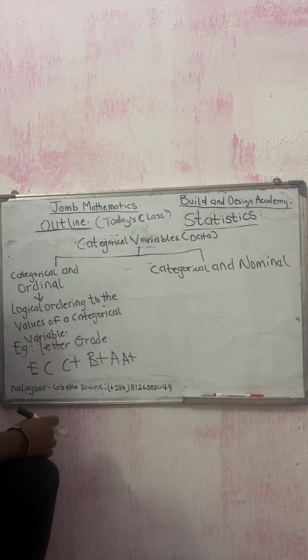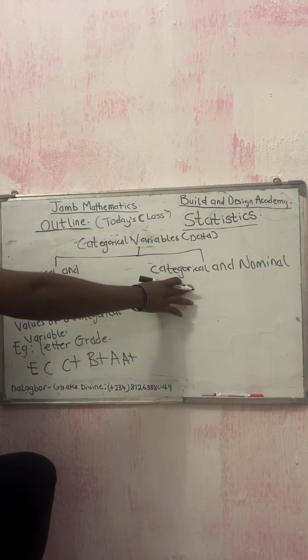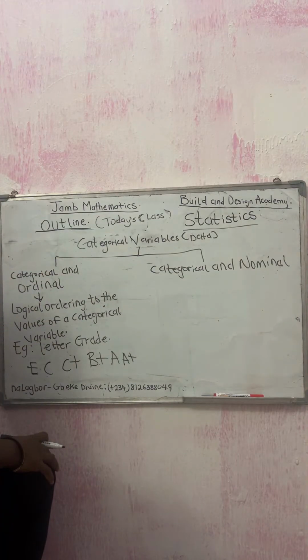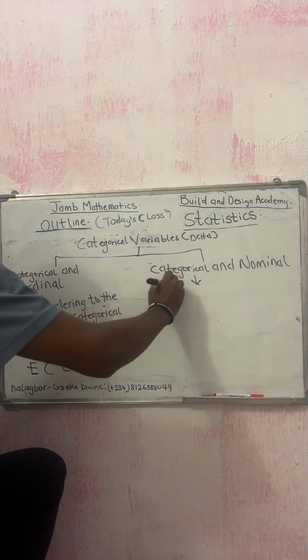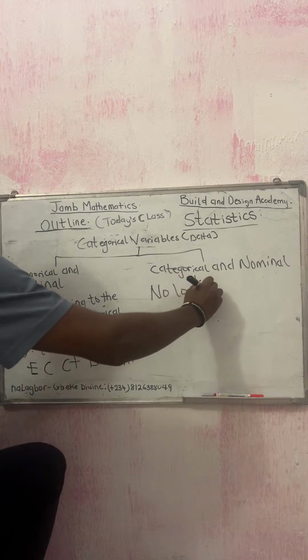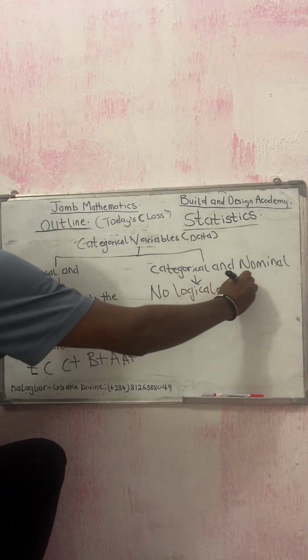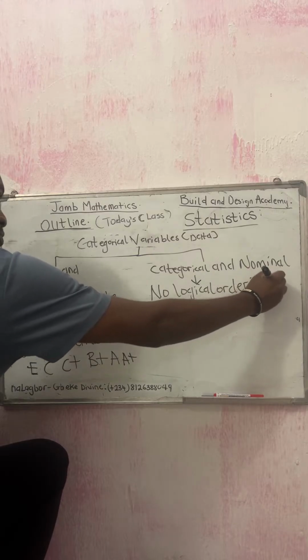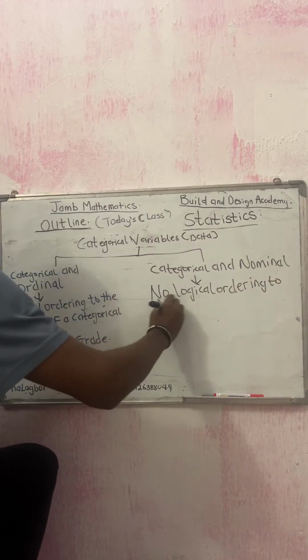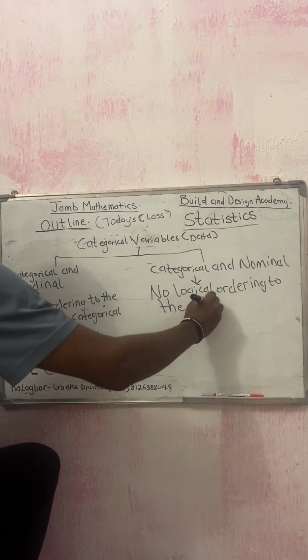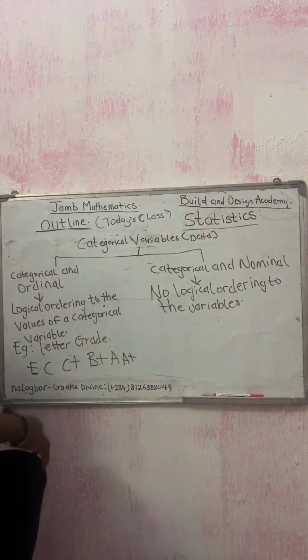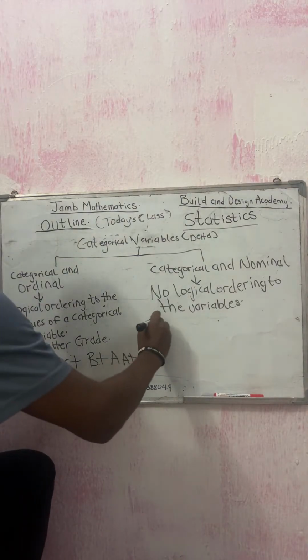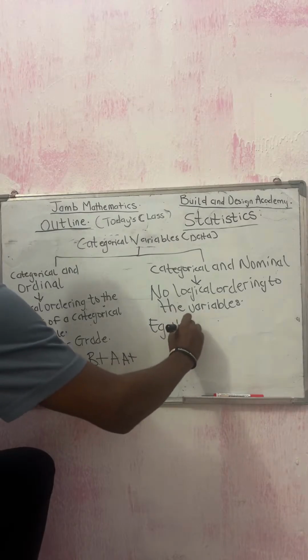While for categorical and nominal, there is no logical ordering to the variables.